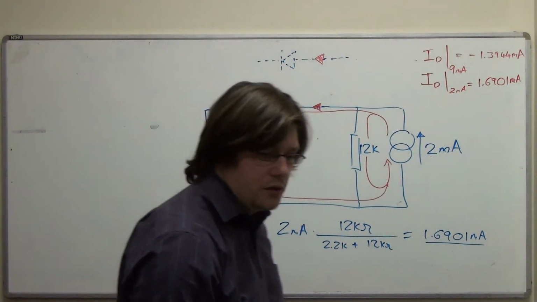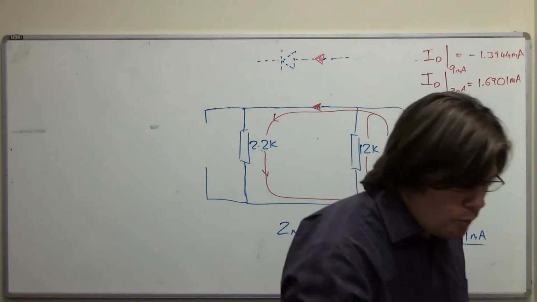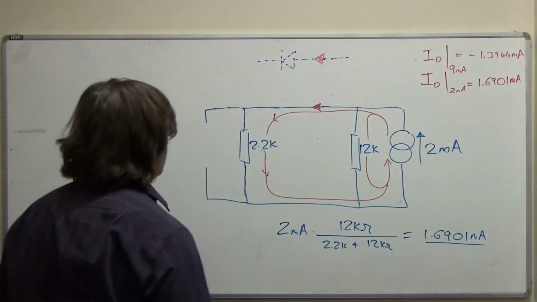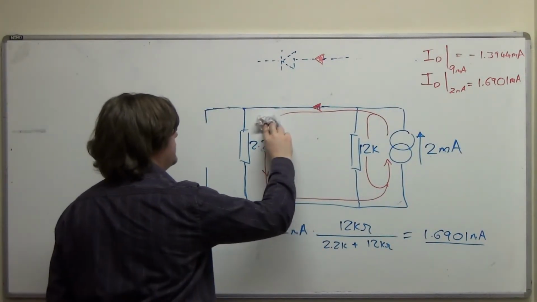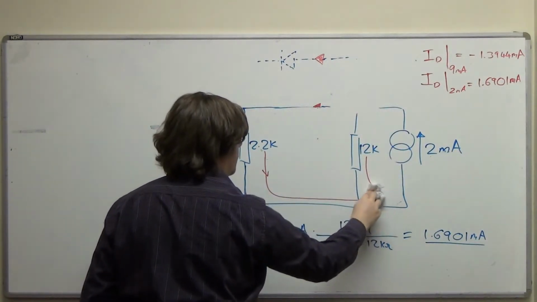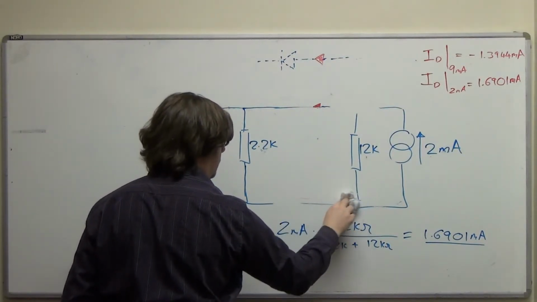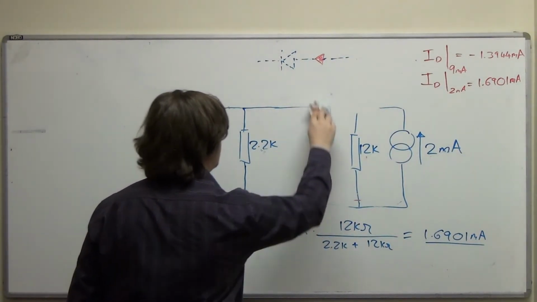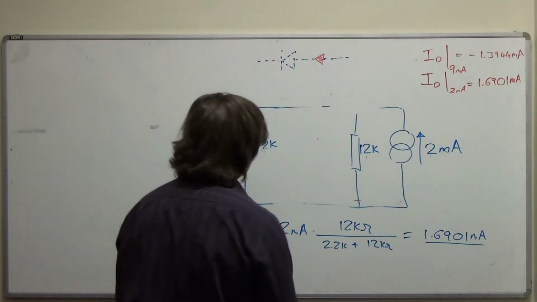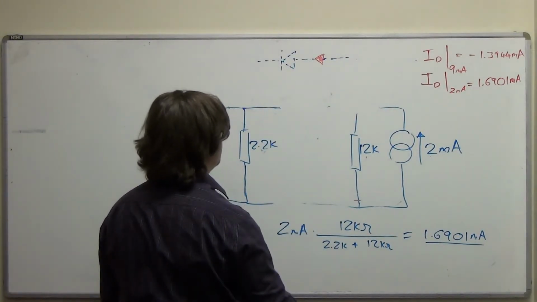So now we've got to do the 0.7 volt source as well. So we'll delete the red stuff, and we need to put the diode and that voltage source in there.